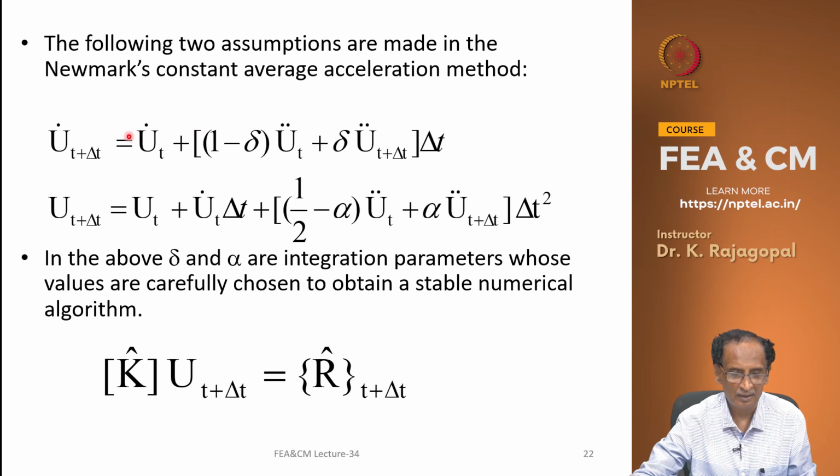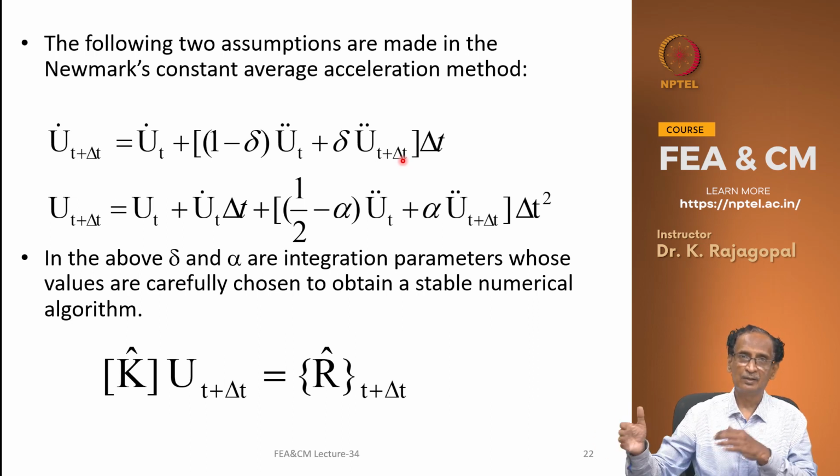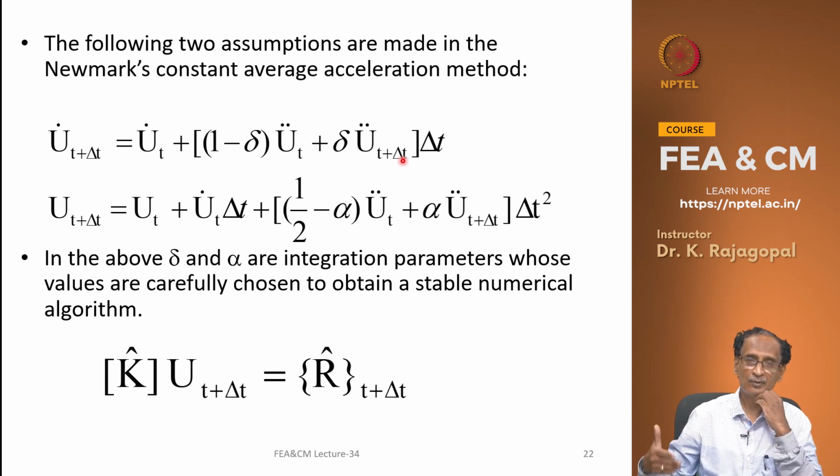Here velocity plus acceleration times delta t gives the velocity. You see the implicit nature of this equation, because the velocity at time t plus delta t is written in terms of acceleration at t plus delta t, which refers to the next time step, for which we need to determine the solution.